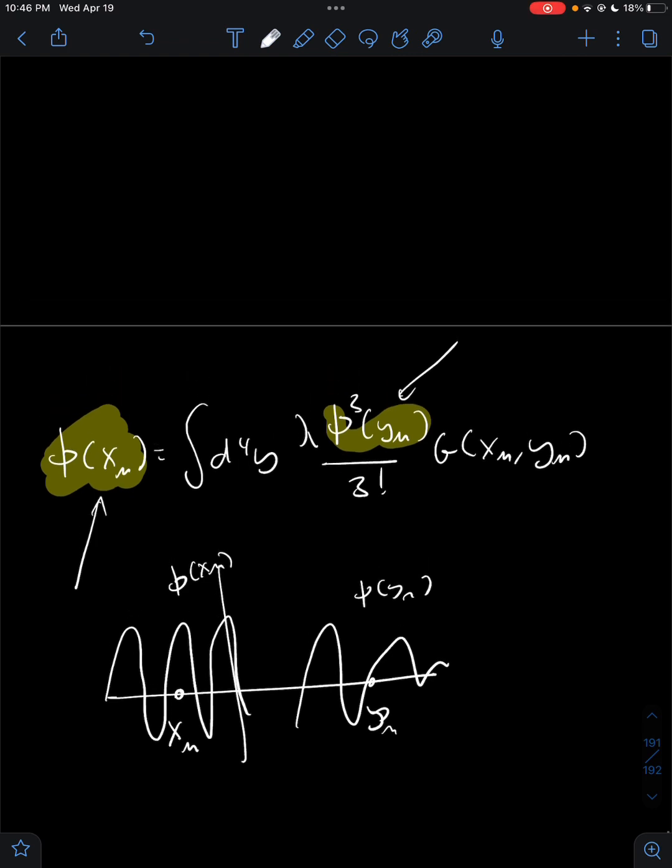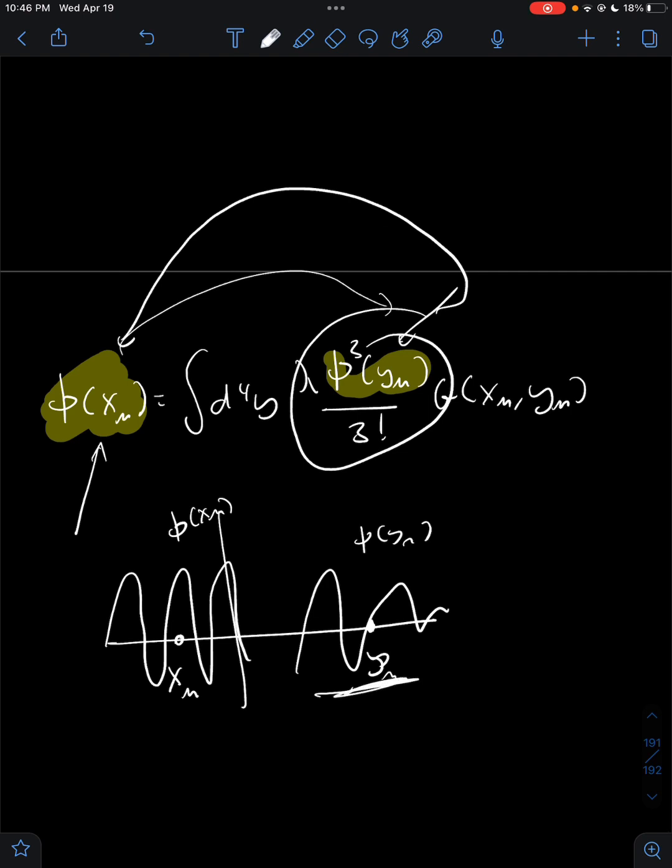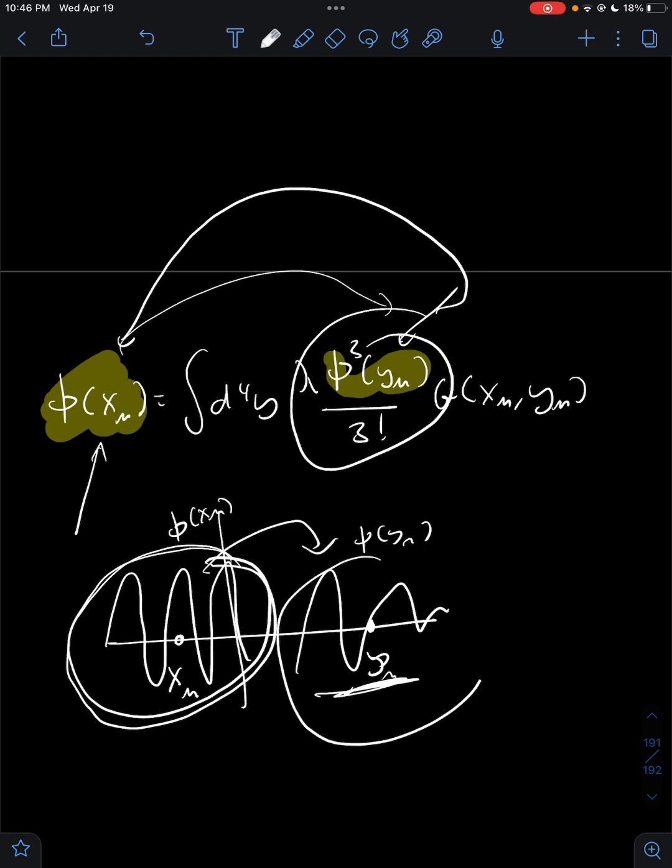Basically, the field at the different space-time point will affect the field at the x mu space-time point, and vice versa. So the field that's right over here will affect the form of this field over here, and this field over here will affect the form of this field over here. So the field is interacting with itself because they're also the same exact scalar field, just evaluated at different points.